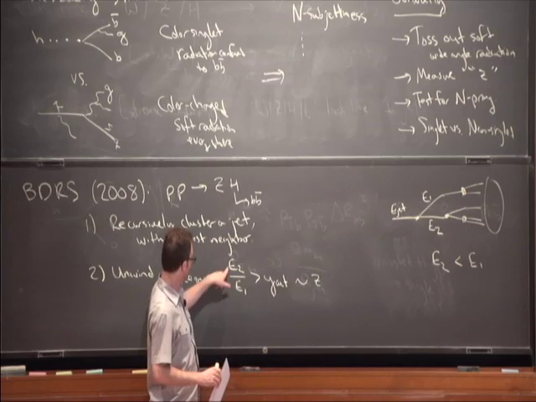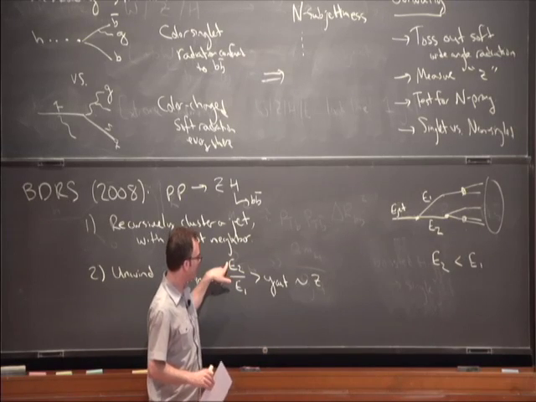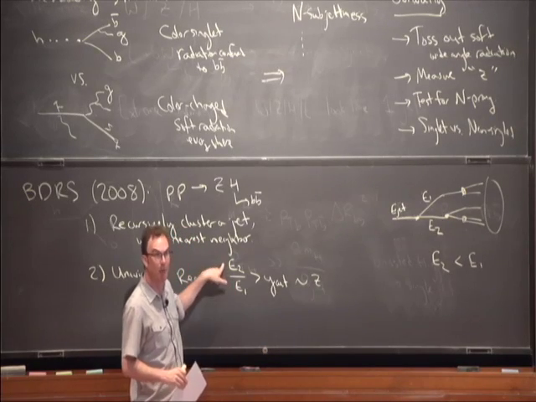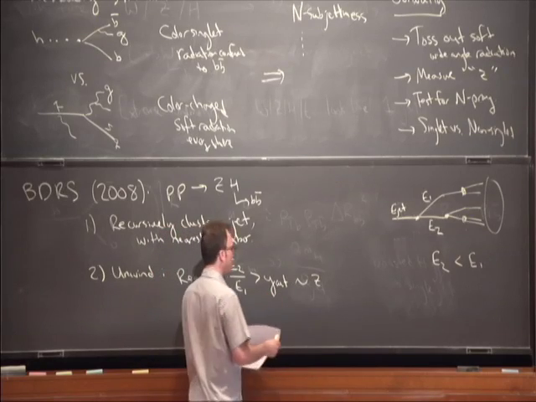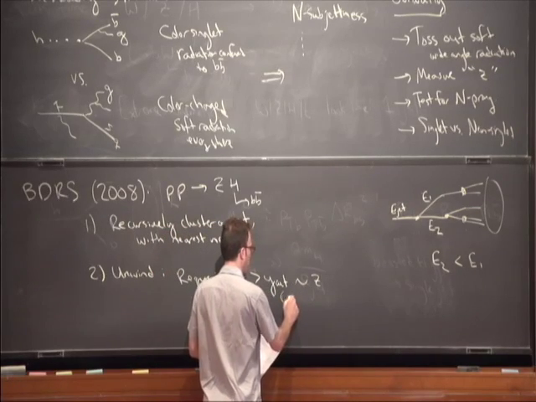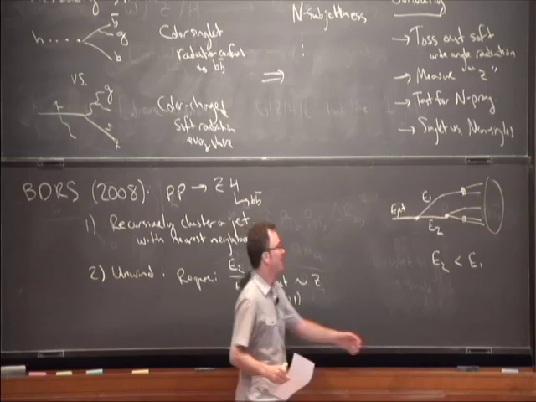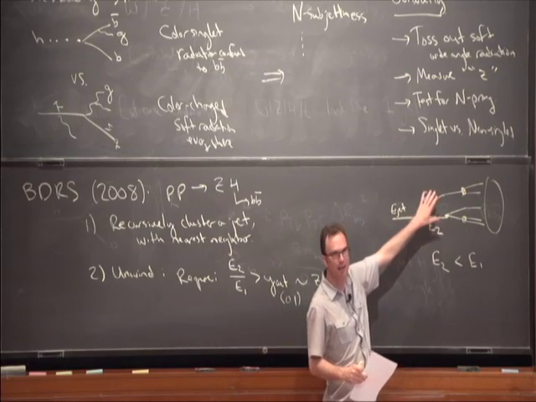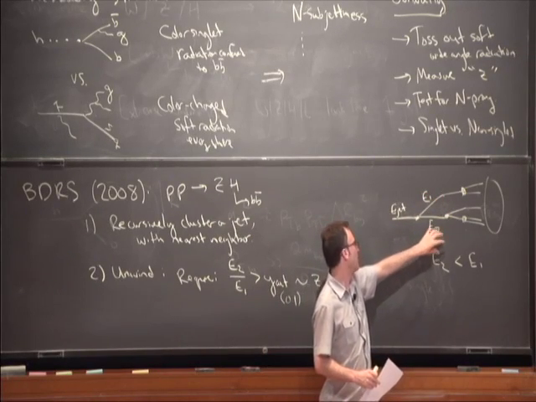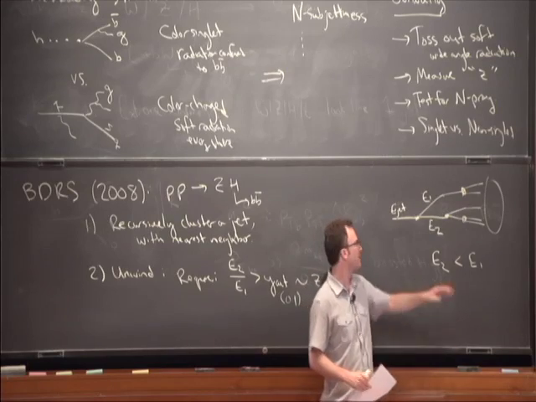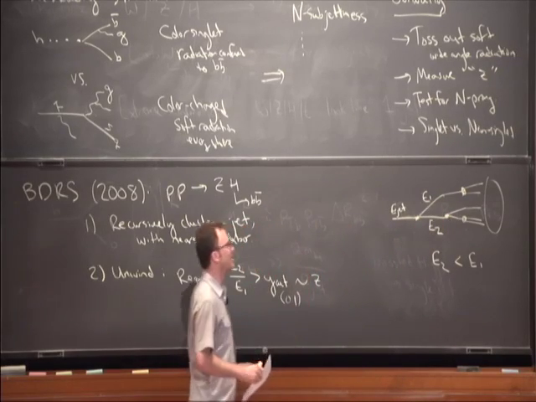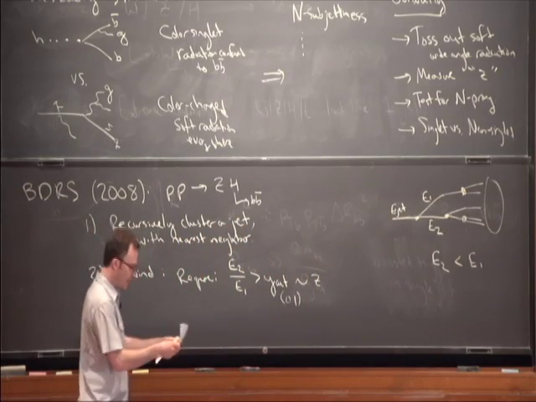This requirement of the unwinding is saying I only keep things if I'm hard, above some y_cut value, let's say of order 0.1. Only if the two guys are democratically sharing energy, with one guy carrying at least, let's say, 10% of the energy of the whole system, only in that case do I keep that unwinding.